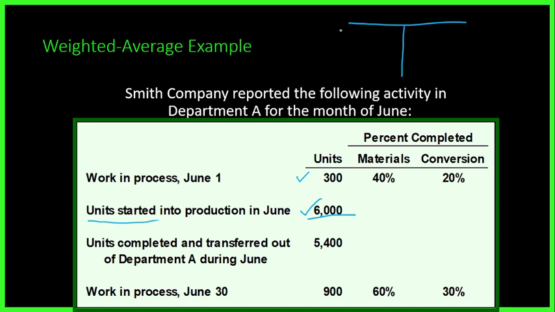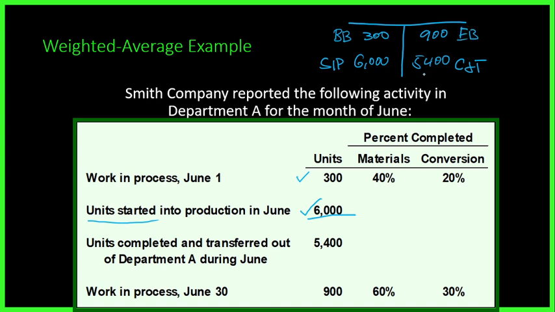You have a beginning balance of 300. You started in process 6,000 units. At the end of the period, you have 900. This means that you were able to complete 5,400 units. This is what you call completed and transferred. This is the ending balance.